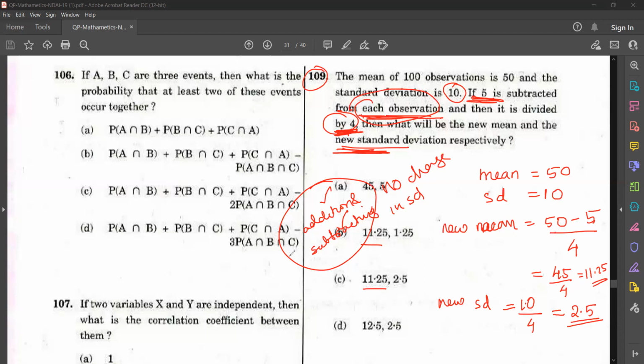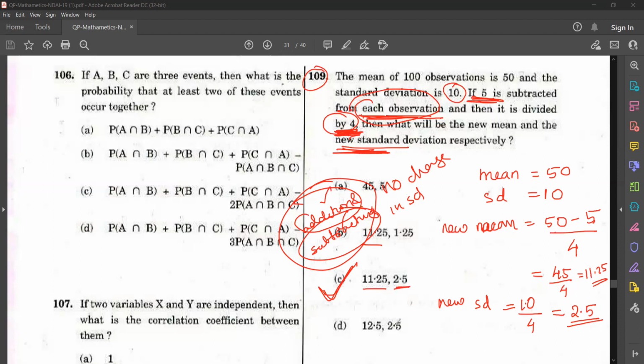But standard deviation will not change if we add or subtract from each observation. If we divide or multiply, there will be a corresponding change. So here the new standard deviation is 10 divided by 4, which is 2.5. Which is the correct option? Option C, 11.25 and 2.5. New mean is 11.25.